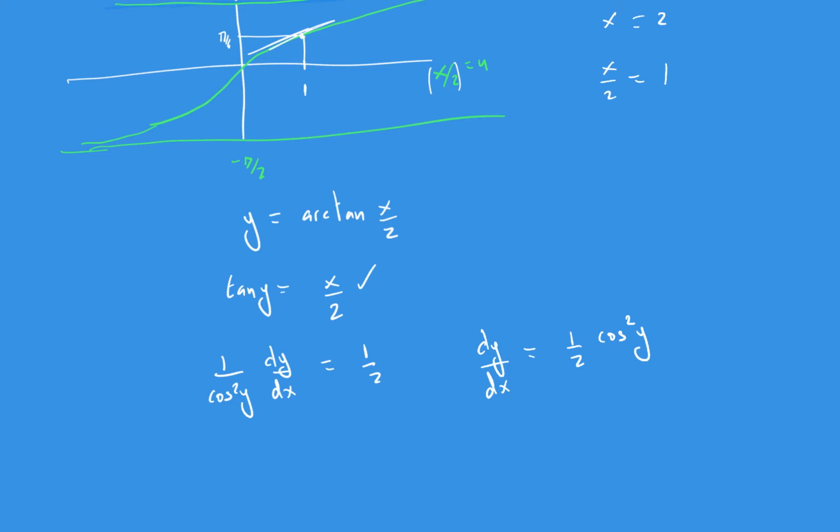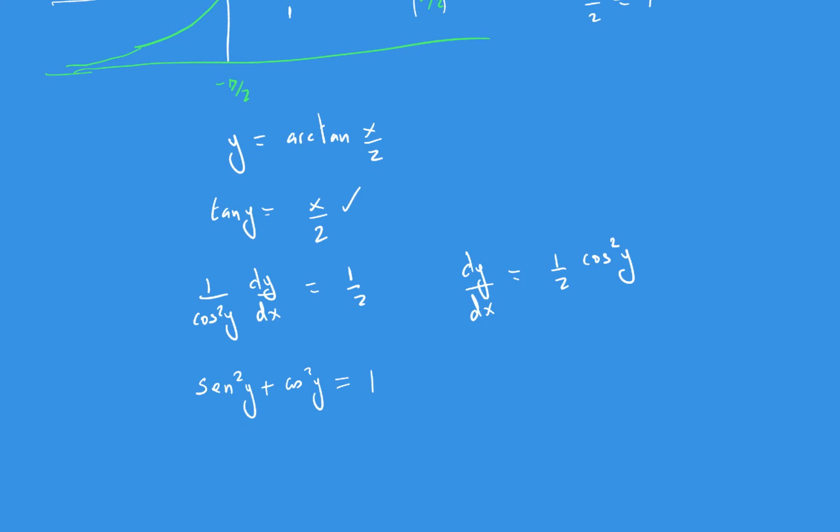I use the fundamental trigonometry identity, the Pythagorean theorem: sine square of y plus cosine square of y equal 1. I divide by cosine square, so I have tangent square of y plus 1 equal 1 divided by cosine square of y. And now, because tangent of y is x divided by 2, I have x squared divided by 4 plus 1 equal 1 divided by cosine square of y.